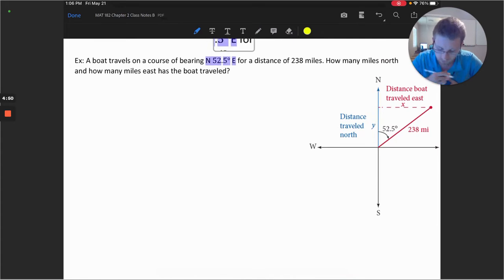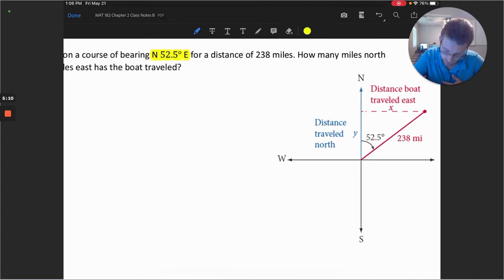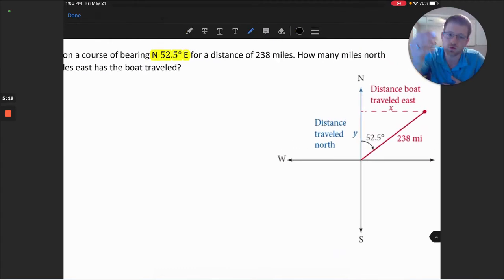If I have an angle that is north 52.5 degrees east, when I think about drawing this, I want to start at my first directional point, that would be north. And I'm going to be drawing this angle 52.5 degrees to the east. So we'll notice in our picture, if we start our pencil at our cardinal direction of north and bring our angle 52.5 degrees to the east, this will make our picture of the traveling boat.